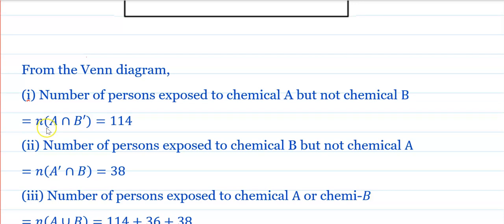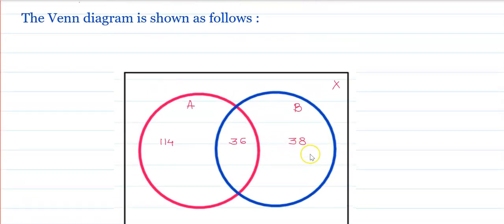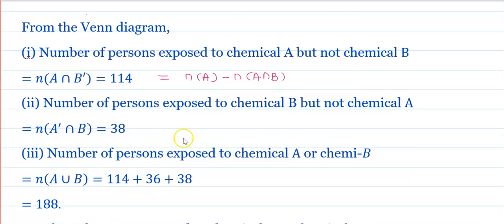N of A intersection B complement, and you can also calculate it by using the formula N of A minus N of A intersection B. Now the next, the number of persons who were exposed to chemical B but not chemical A, they are 38, and here you can also find out by using N of B minus N of A intersection B.